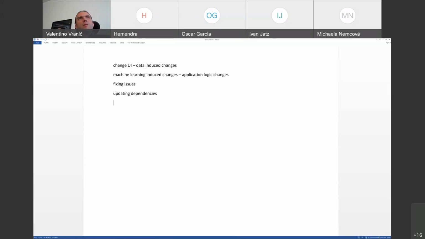So the dependencies might change, so the components might get updated. Some components might get updated, and they function differently. So you need to revise things with respect to this within your system.